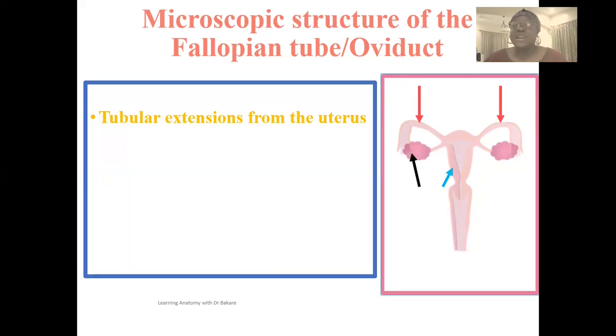And if you go more laterally at this point, that is arrowed here in black, is where we have the ovaries. As we have two uterine tubes, we also have two ovaries, and we should have two ovaries because as soon as the egg is released from the ovary, it is released into the lumen of the uterine tube.